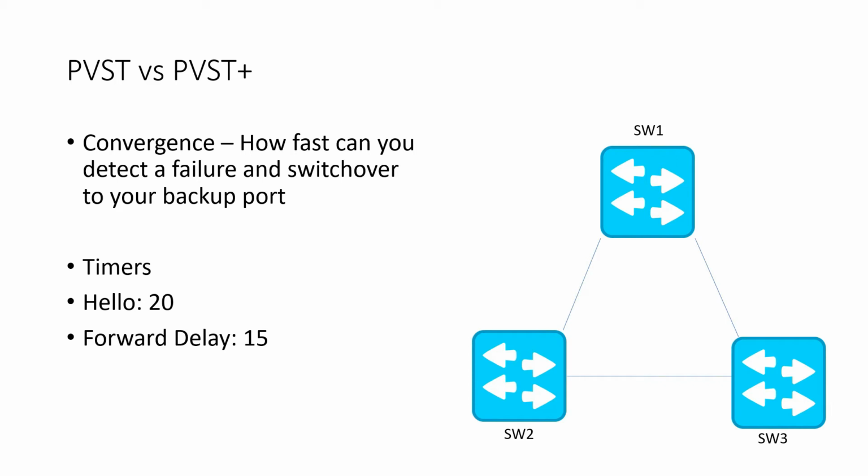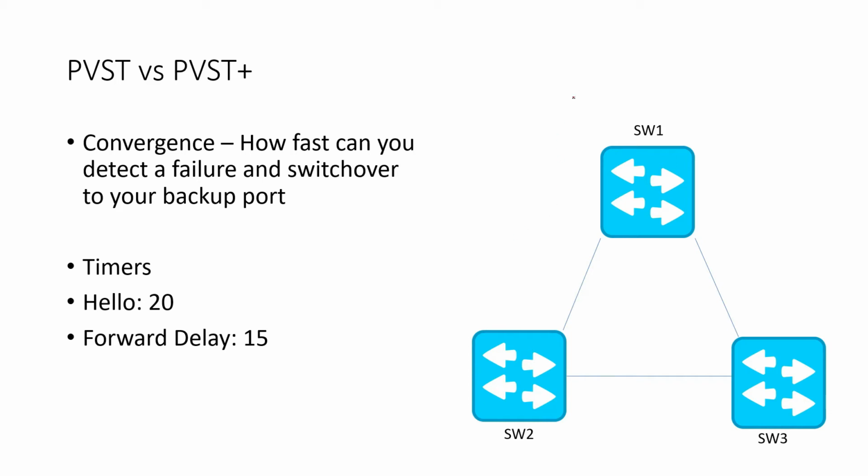In Spanning-Tree's case, how soon can you detect a failure on your root port and switch over to an alternate port? So we have 3 switches here, and we're only going to focus on one tree. We know that PVST builds a tree for every single VLAN, but let's just focus on one tree to kind of understand how convergence works.